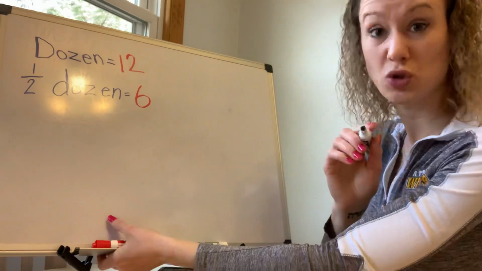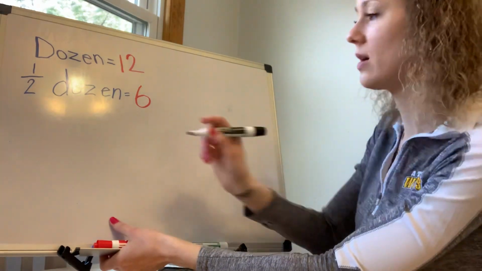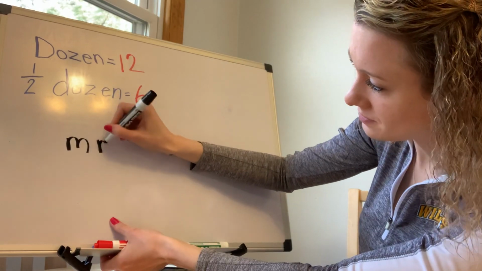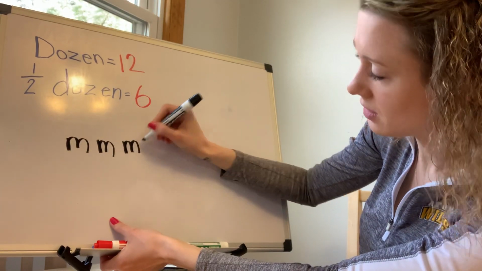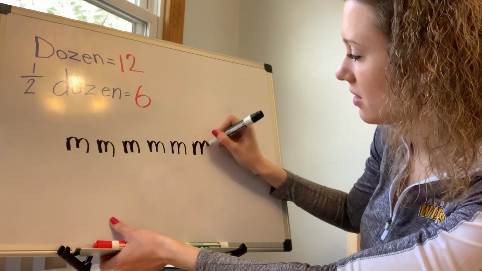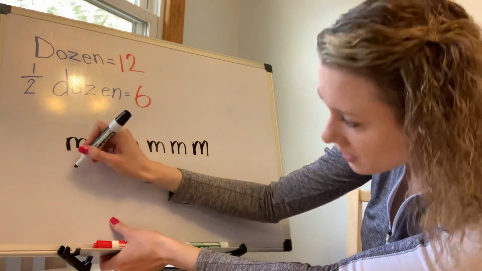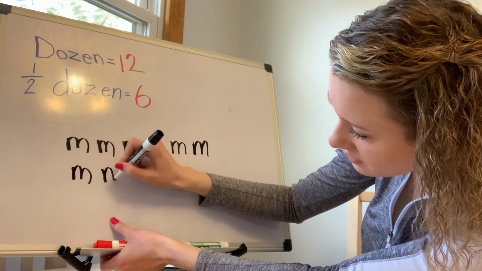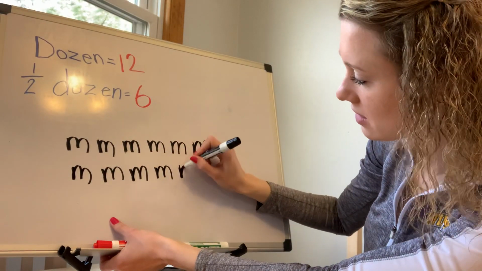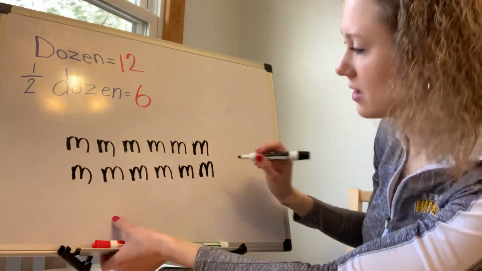All right, so I'm going to make 12 because mom made a dozen, 12. All right, here we go. 1, 2, 3, 4, 5, 6, 7, 8, 9, 10, 11, 12.